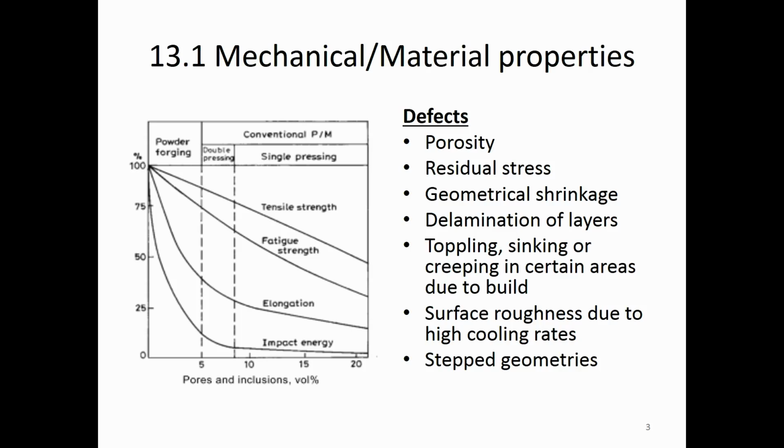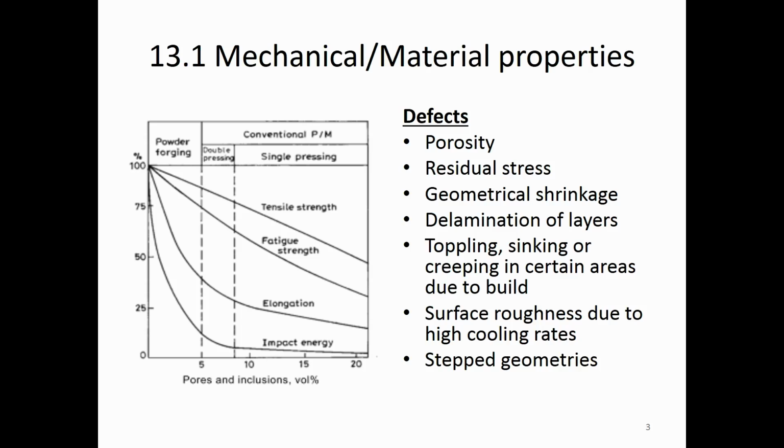Whereas it was quite normal to see high levels of porosity in the parts with previous machines, maybe no better than 3%, and sometimes as bad as 10% or more, in this most current generation of machines we're looking at less than 1%, even 0.5% porosity. So the porosity has improved, but it's still there.